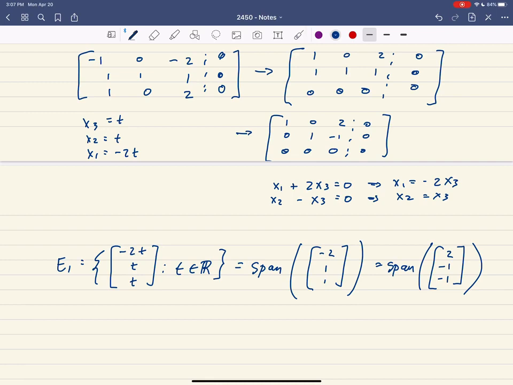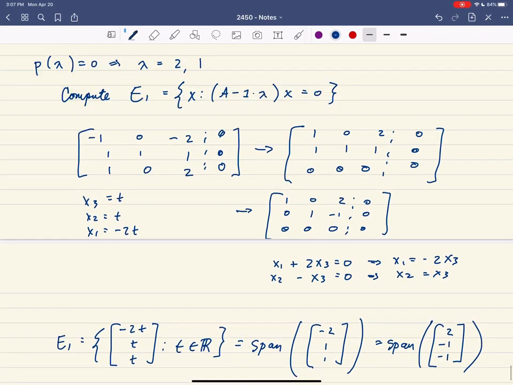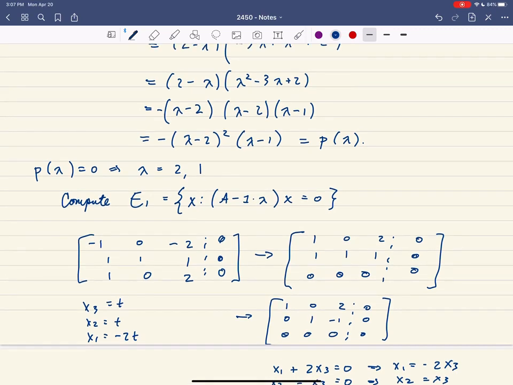What we're going to do then is the same thing for e sub 2. Remember that we only have 2 eigenvalues here: lambda equals 1 and lambda equals 2. Notice that lambda equals 1 has multiplicity 1, because that's a hidden 1 exponent there.